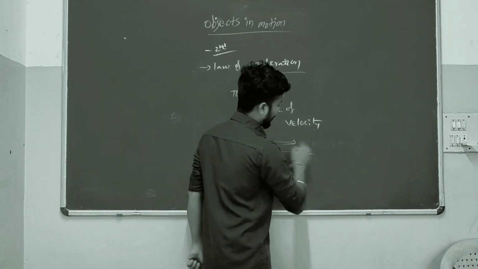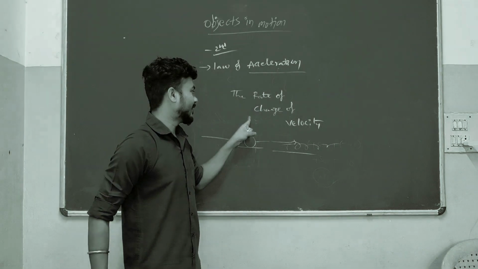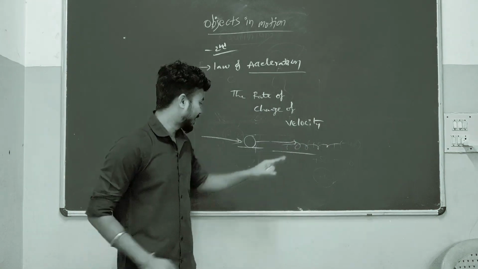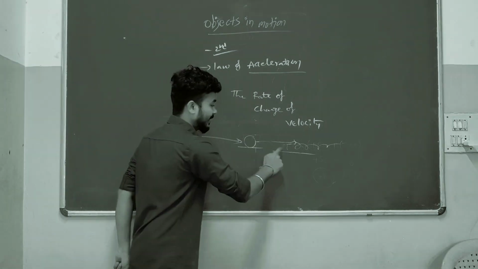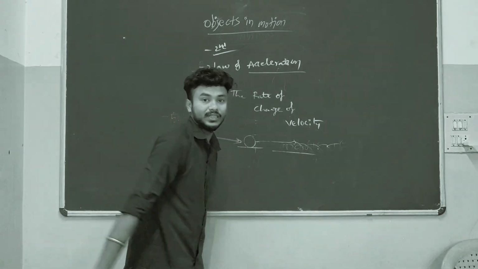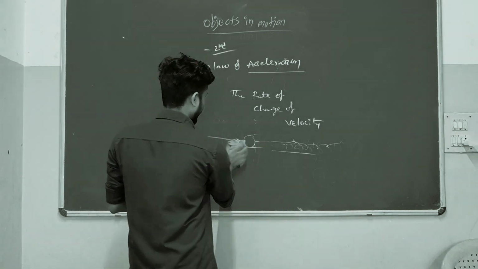Now it will move. So acceleration means the rate of change of velocity. Here the velocity was less. When it is moving with this external force, the velocity is changing. It is moving. That is acceleration. Now that is the law of acceleration.